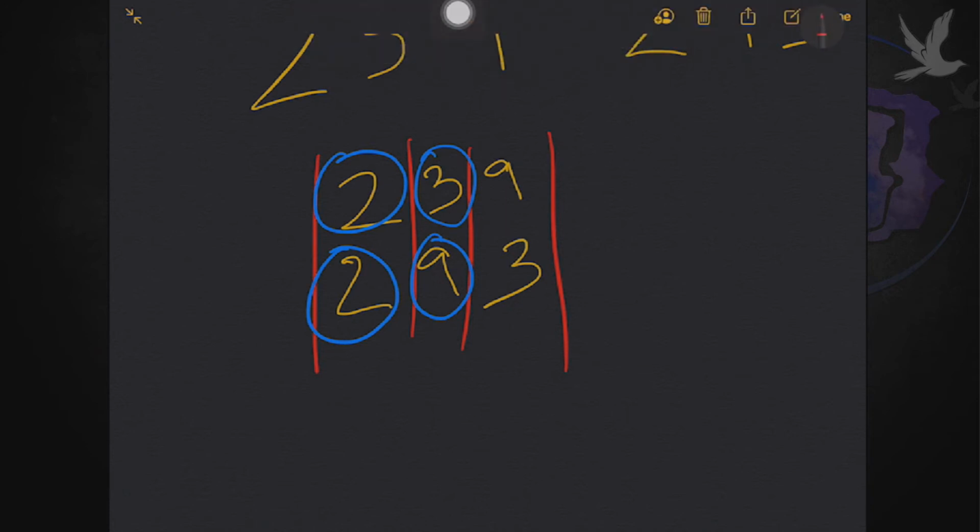Okay, we can say that 9 is greater than 3. Correct? So which means we can say that 293 is greater than 239.